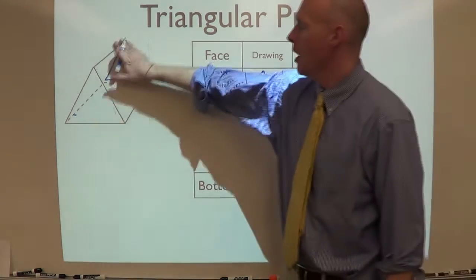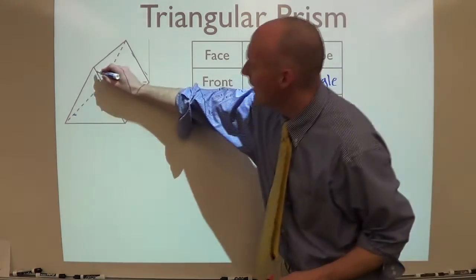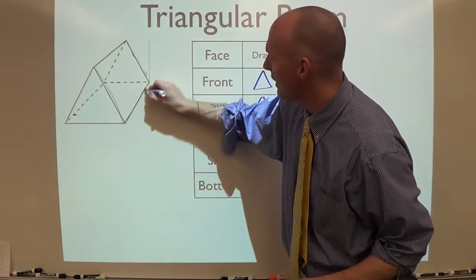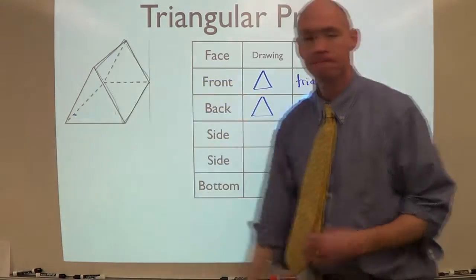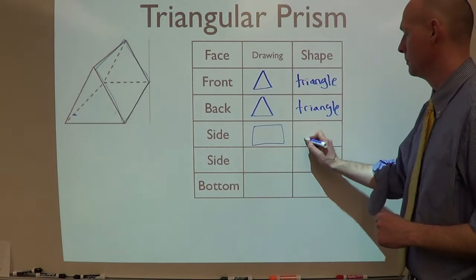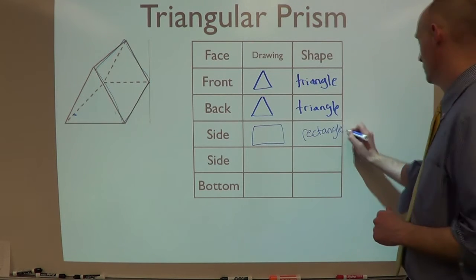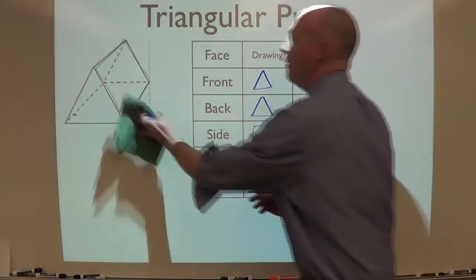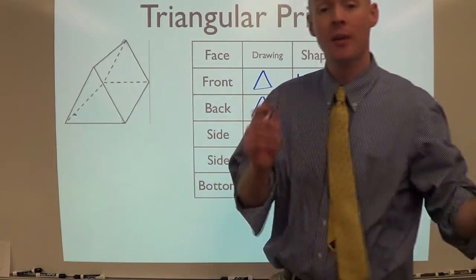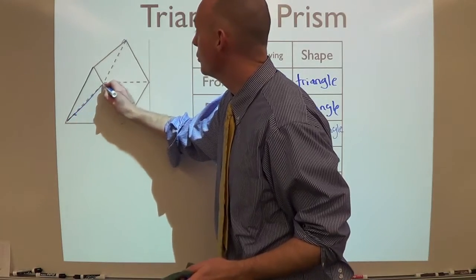Perfect. Okay, there's some more shapes. For example, one of the sides, so I'm talking about this side right here, is a rectangle. Make sure to get the drawing. Perfect. Okay. But there's also another side to it. And I'm going to try to outline it.